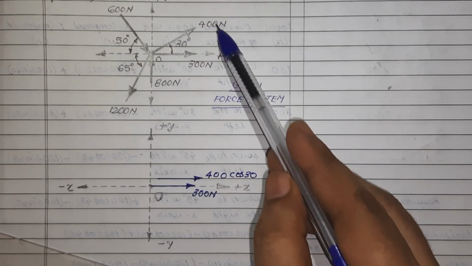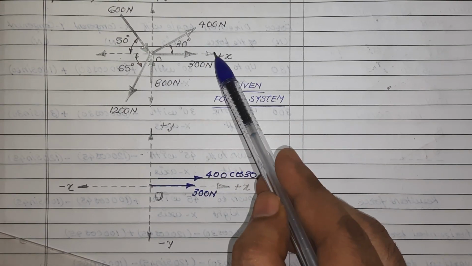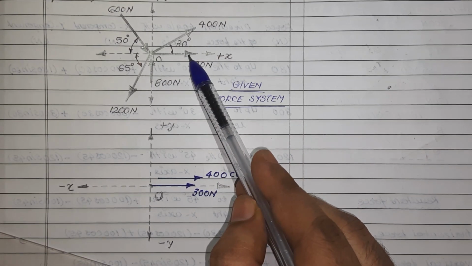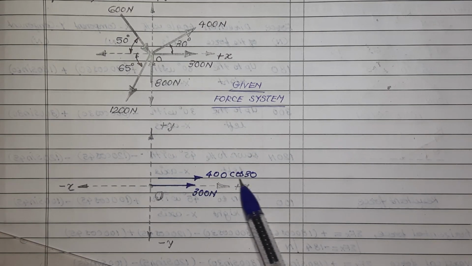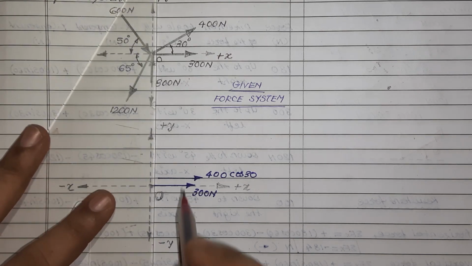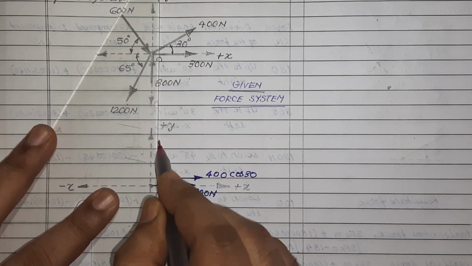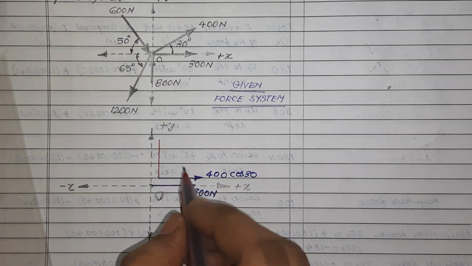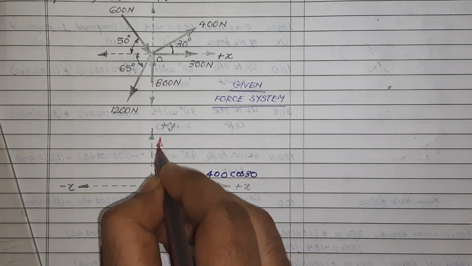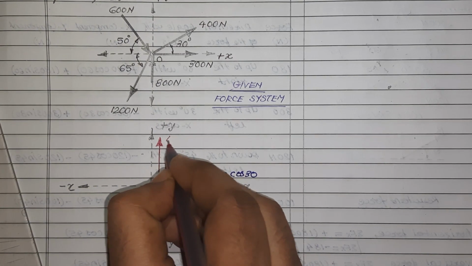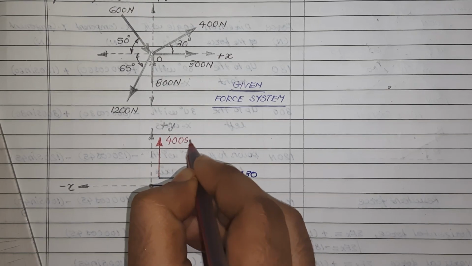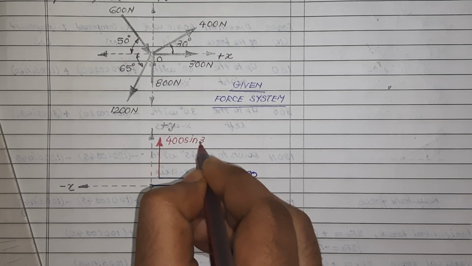As angle made by 400 Newton is with x-axis, its x component is going to be cos component. So 400 cos 30. Its y component will be upward, which will be shown like this. So this is its y component, which will be 400 sin 30.